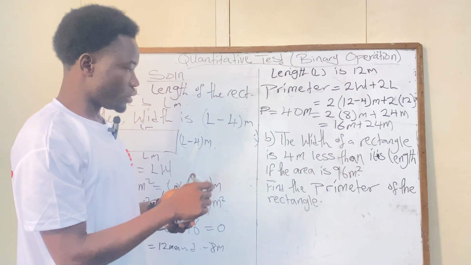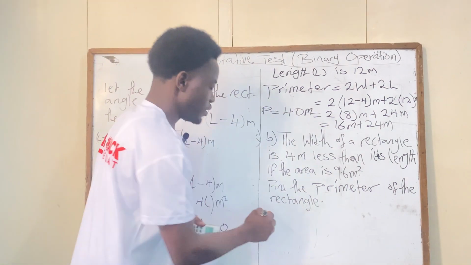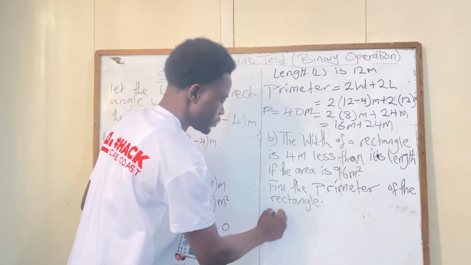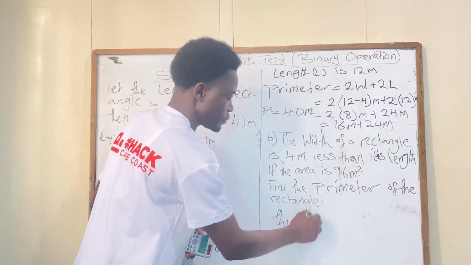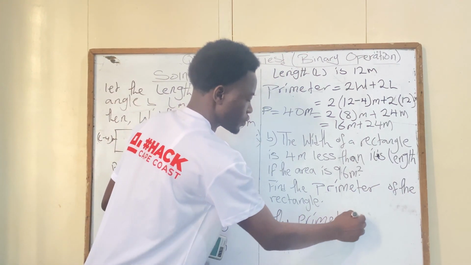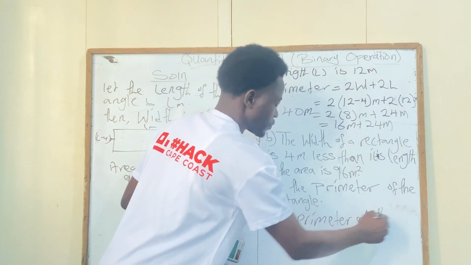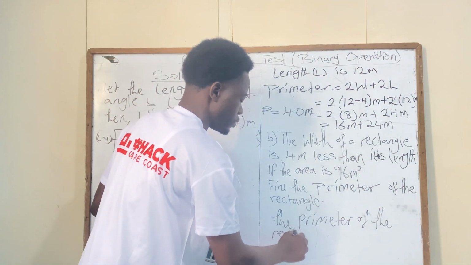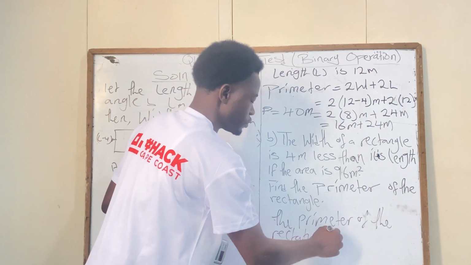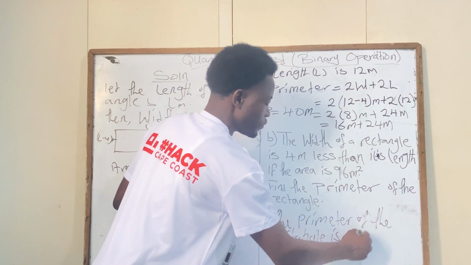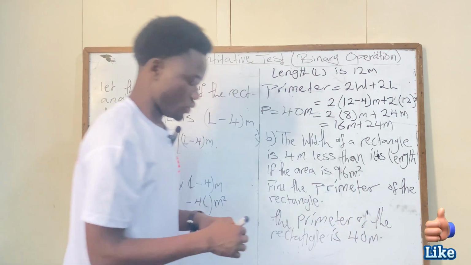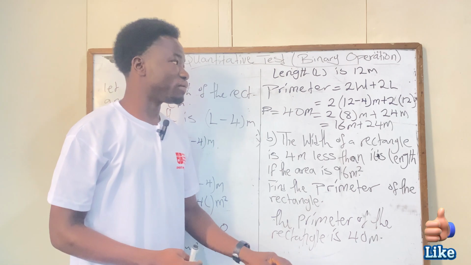So you draw a conclusion that the perimeter of the rectangle is 40 meters. And so that is how you deal with it.